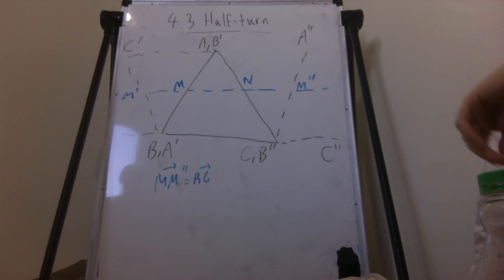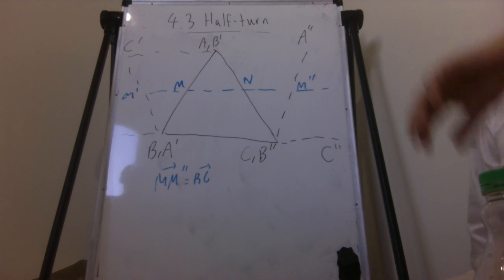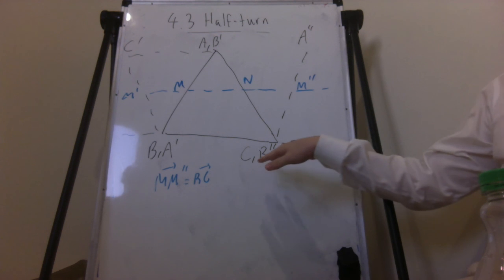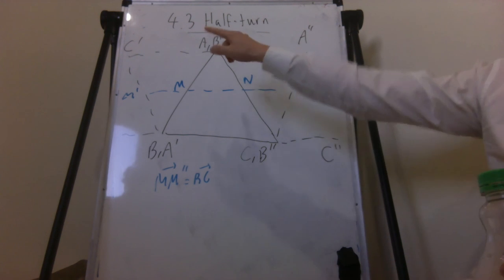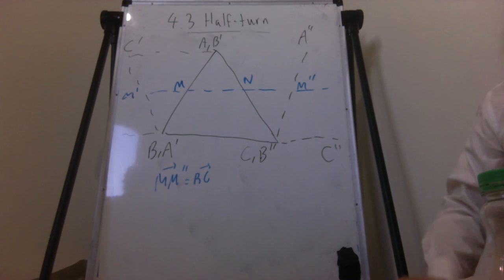C double prime should stay in line with... no, so C prime B prime should be parallel to C double prime B double prime, yeah?